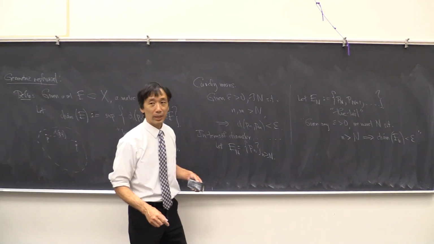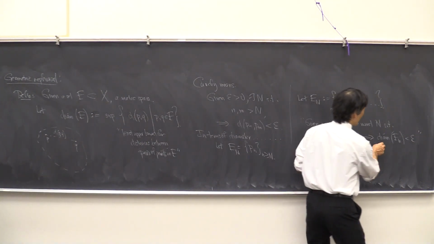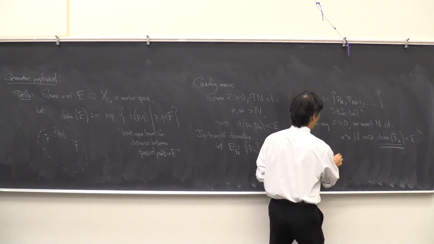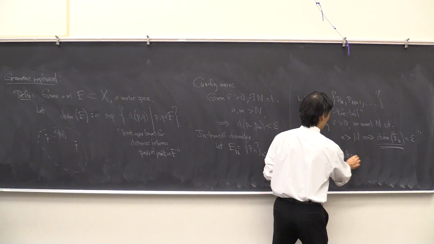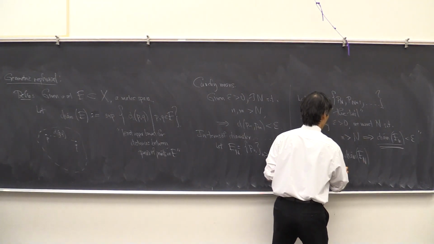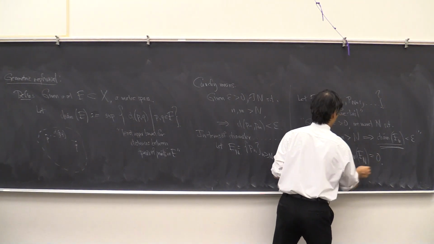But thinking of this thing as a function, what you're really saying is that the limit of the diameter of E sub n as n goes to infinity is 0.